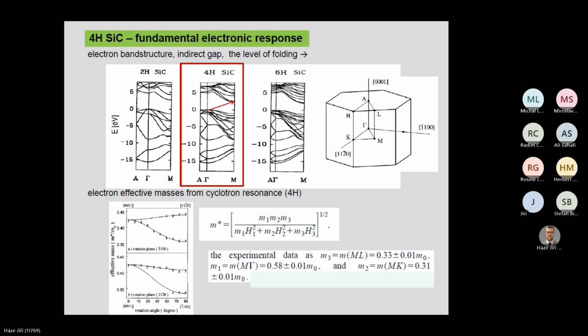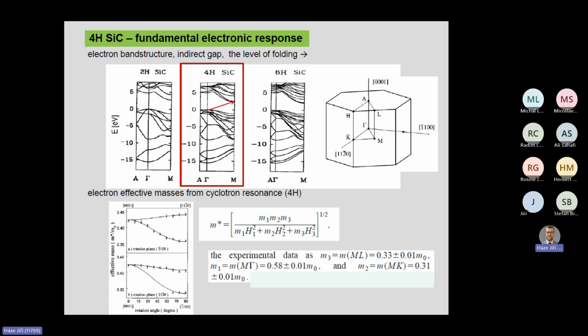Now, the switch to large optical frequencies, which produce the so-called fundamental optical electronic response. We have here the band structure, the electronic band structure. This is a comparison of 2H, 4H, 6H.